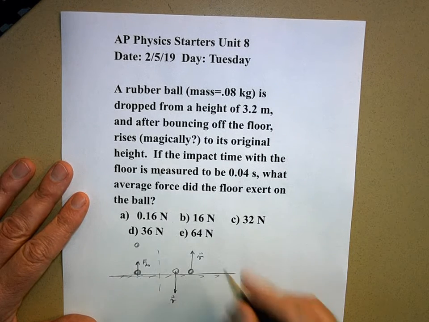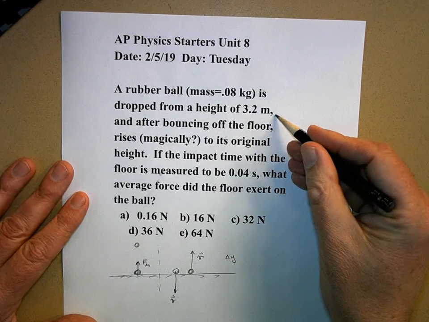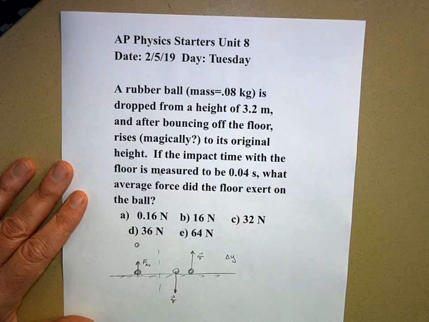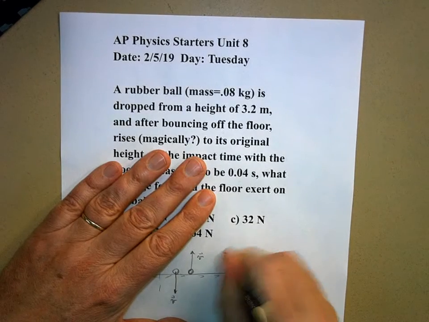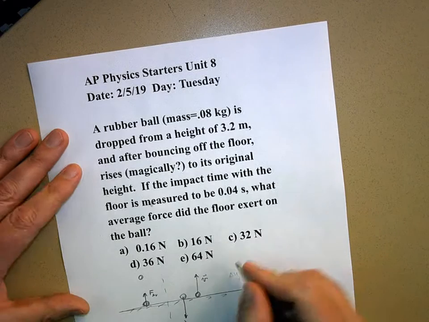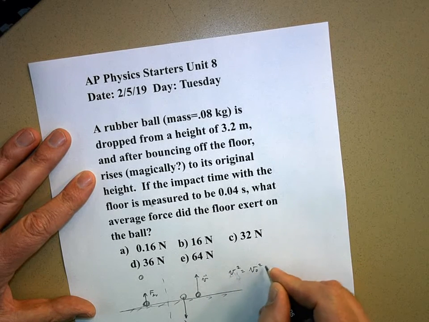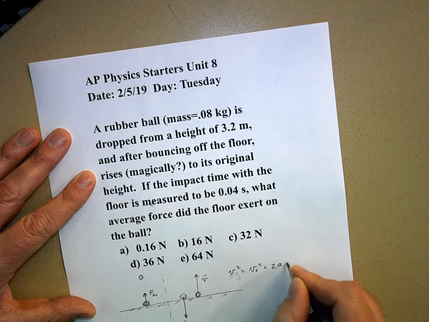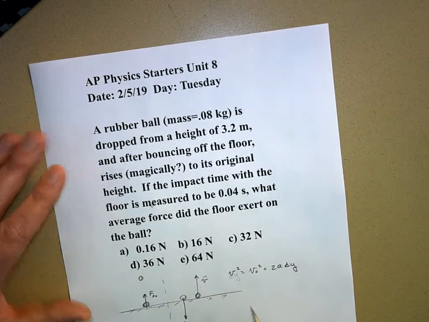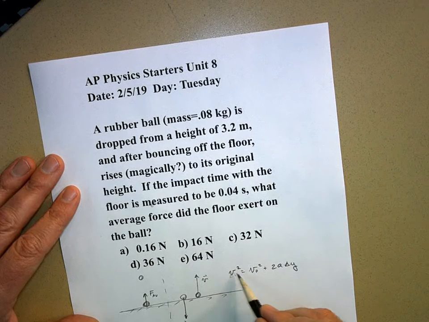Well, delta y, we know what delta y is, and we want to know the velocity. We don't know the time it takes to fall, and we don't need it, so I'm going to use the fourth kinematic equation. v squared, this is what we want.